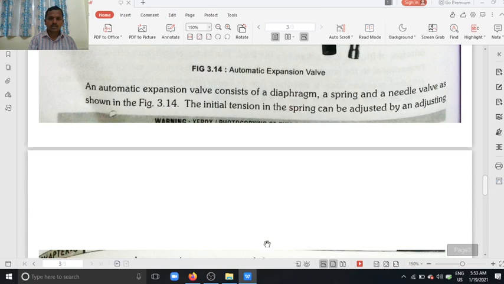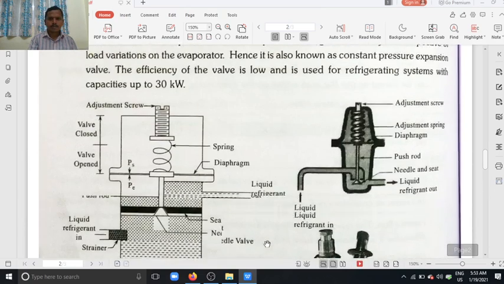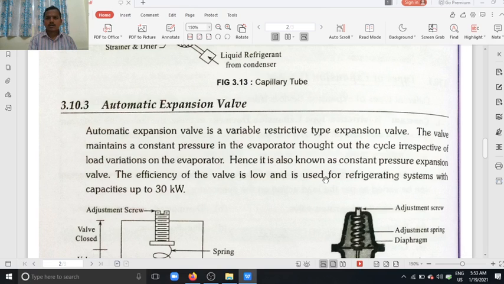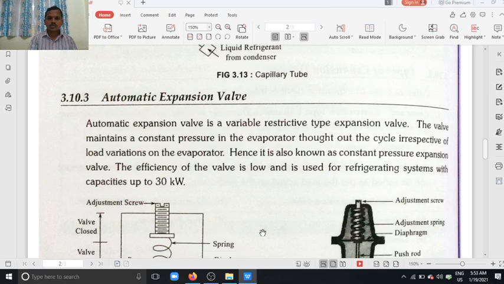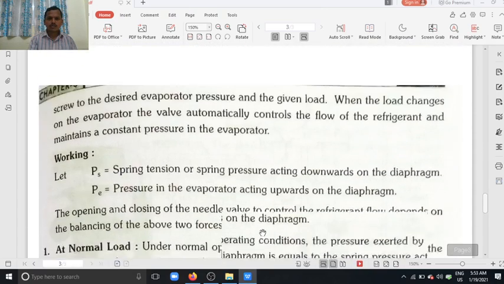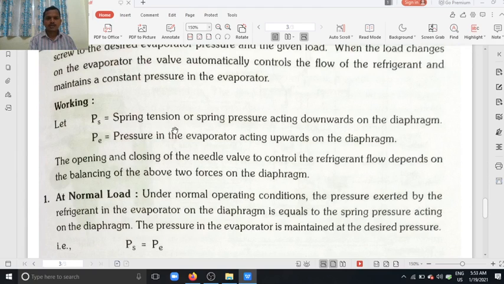It is also called a constant pressure expansion valve. See here, PS is the spring tension or spring pressure, acting downwards on the diaphragm. PE is the pressure in the evaporator, acting upwards on the diaphragm.